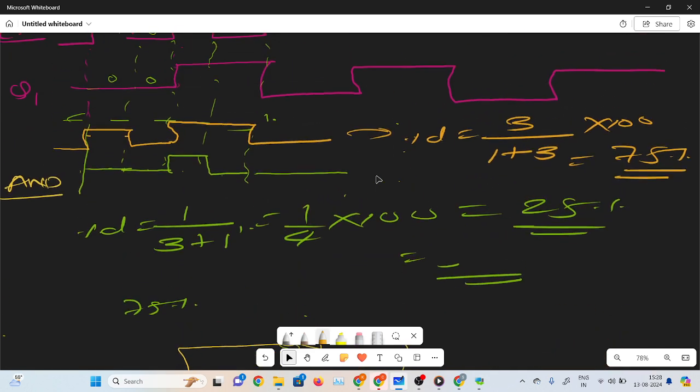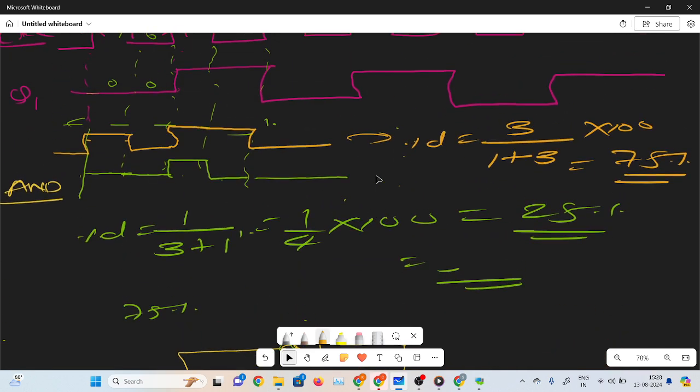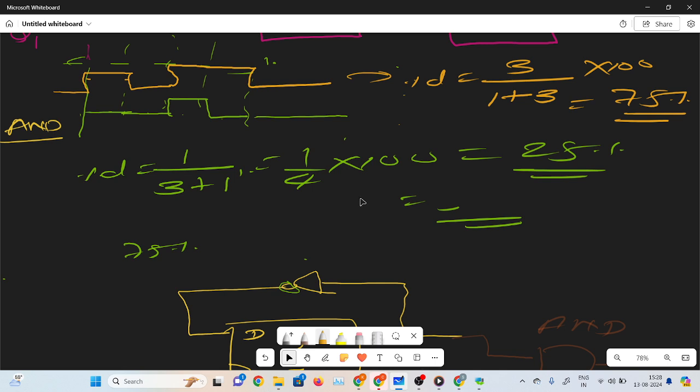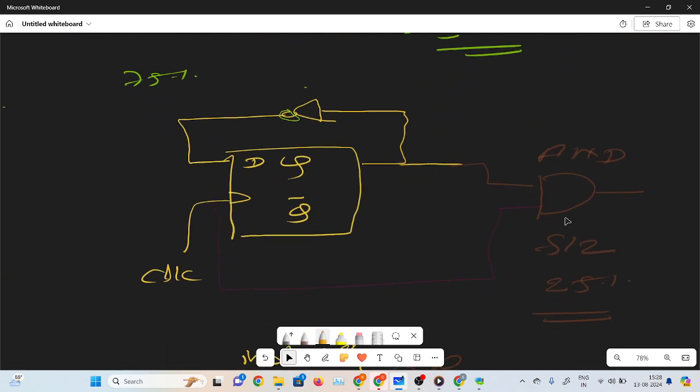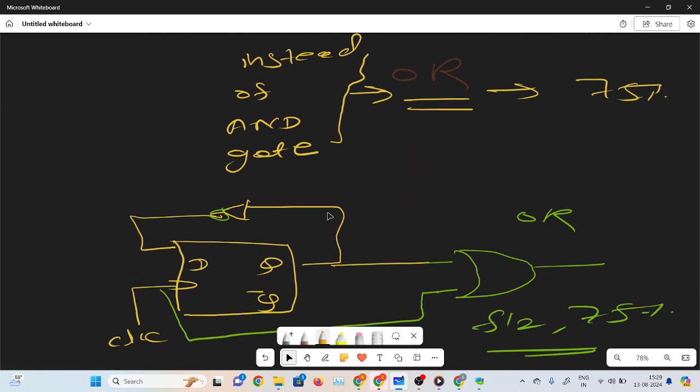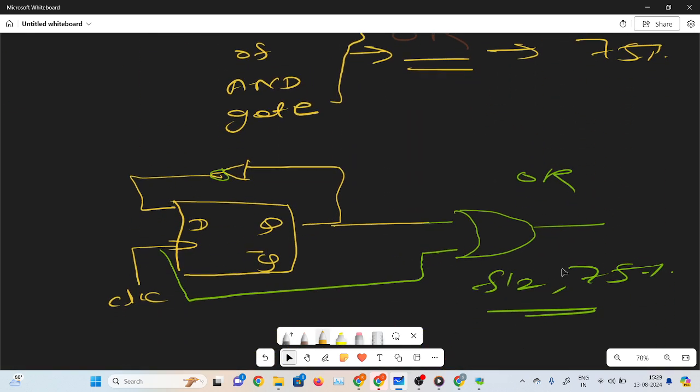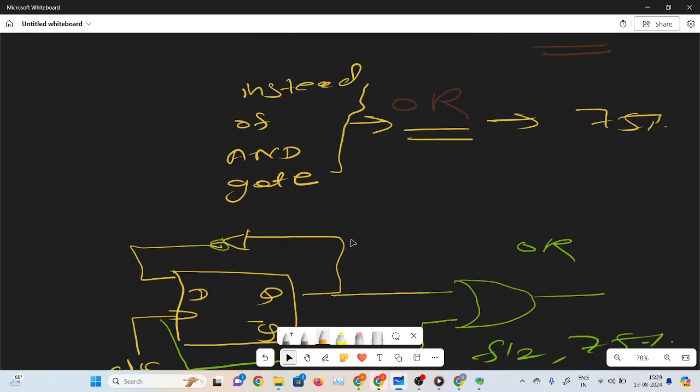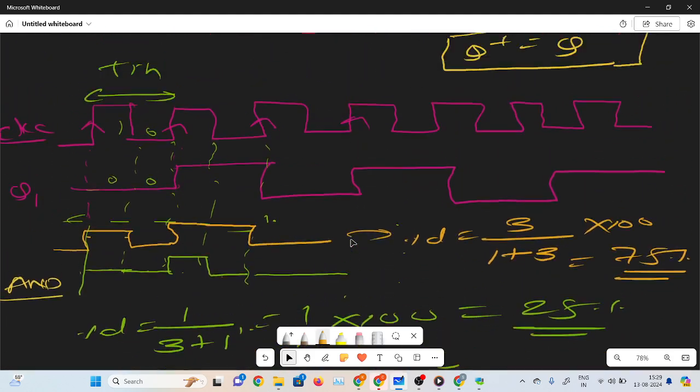If he asks to convert into a different duty cycle: if we use the AND gate at the output, then it is 25% duty cycle. And if the interviewer asks to convert into 75% duty cycle, then you should use the OR gate.